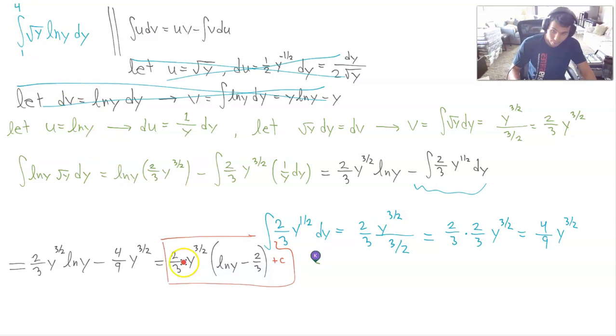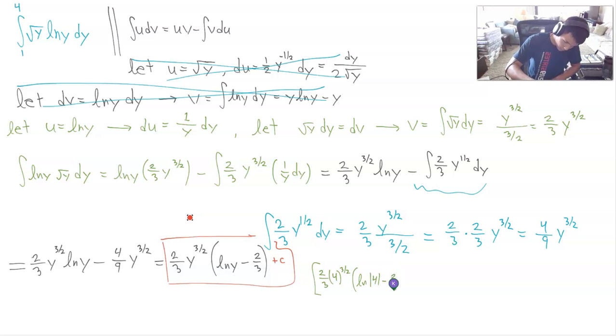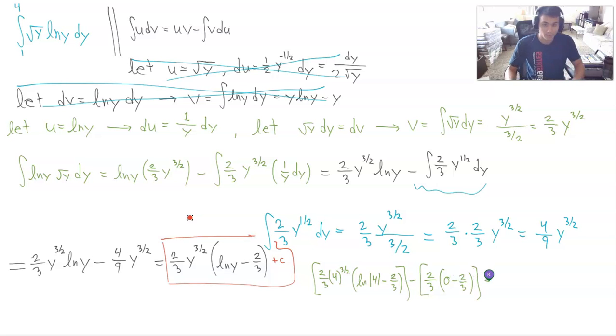So wherever you see a y, I'm going to put a 4. 2/3 times 4 to the 3/2, factored out, ln what? ln 4 minus 2/3, minus, my bad, minus, and now I'm going to put a 1 wherever you see a y, which is just going to become 2/3, and then ln of 1 is 0, so it's going to be 0 minus 2/3. And as you can see, this is our new answer.